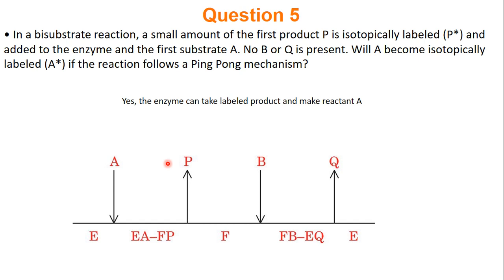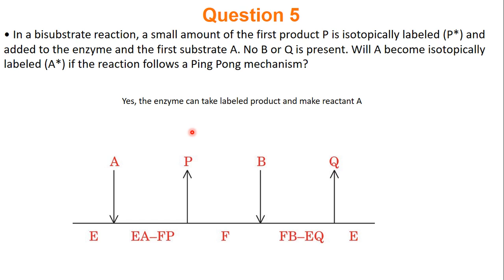Question 5 is we have a bisubstrate reaction and it follows ping pong. We have product P and it's labeled, so we have an atom in there that's radioactive. The question is, if I add P and our enzyme to our mixture, would we find any A that has been labeled?